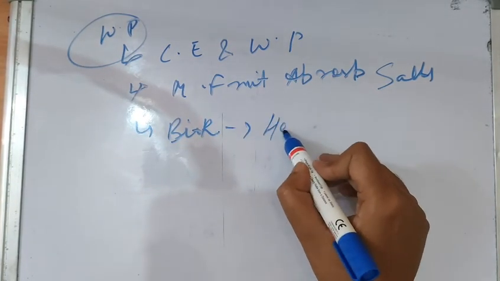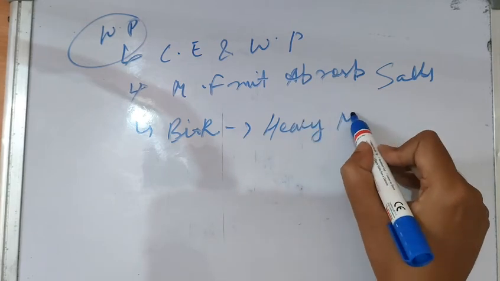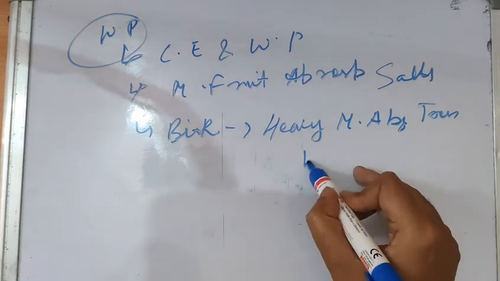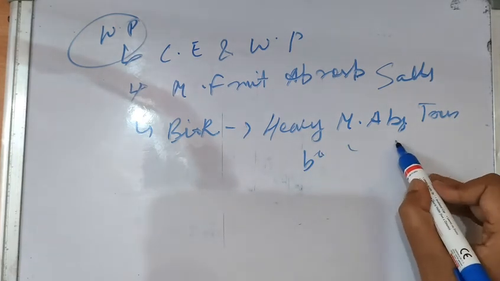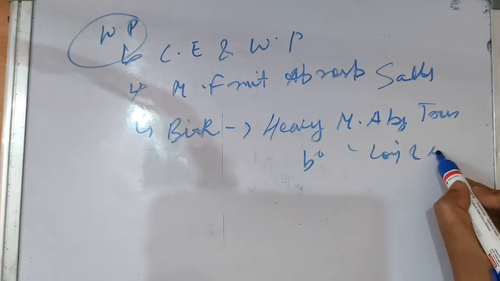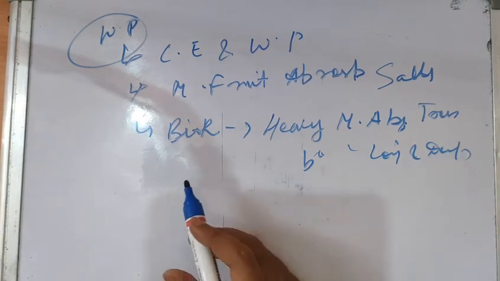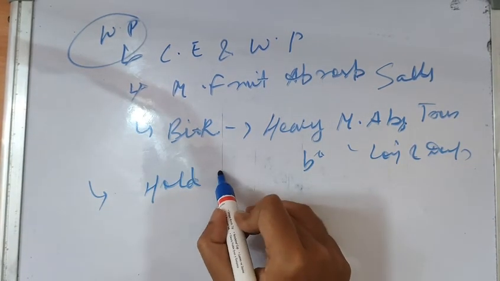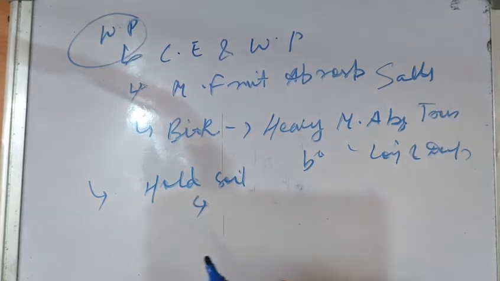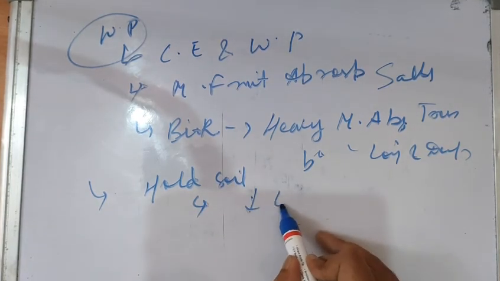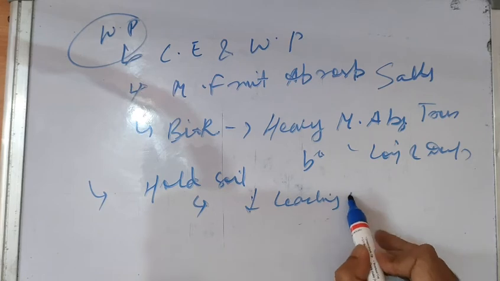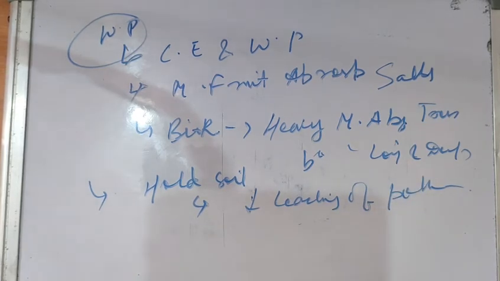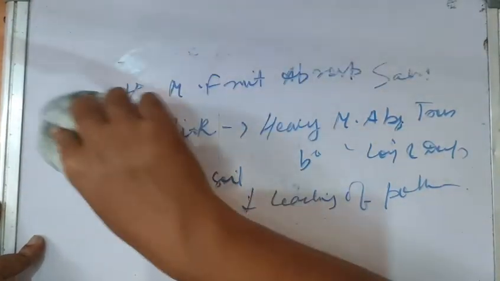Here heavy metals are absorbed by trees by their long and deep roots. They hold soil, and it also reduces leaching of pollutants. This is how it helps in water pollution.